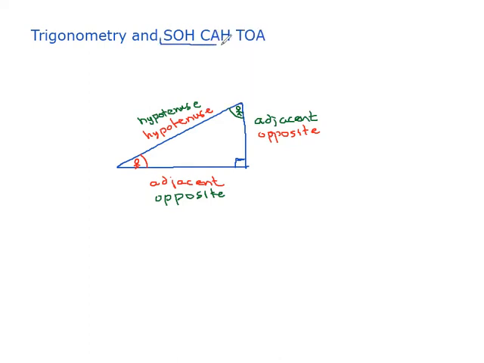So about that, this SOHCAHTOA mnemonic that we use to help us remember the trig functions, here's what it actually means. It says that the sine of an angle is O over H, opposite over hypotenuse. CAH says that the cosine of an angle, we use the Greek letter theta to stand for an angle often when we don't know what it is, cosine is A over H, adjacent over hypotenuse.